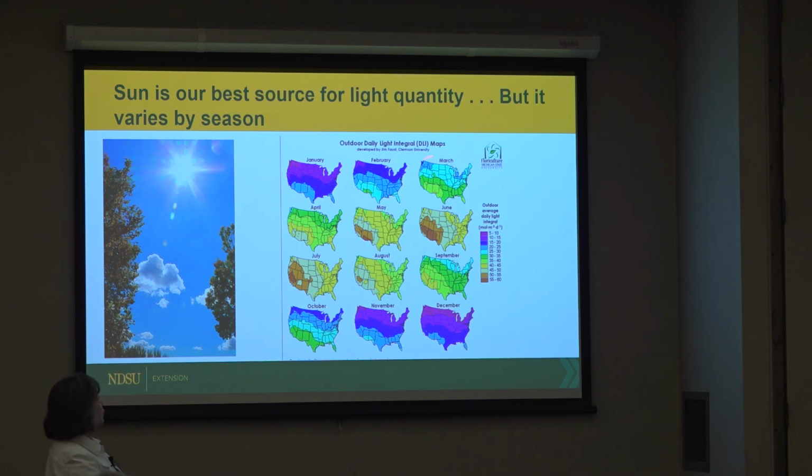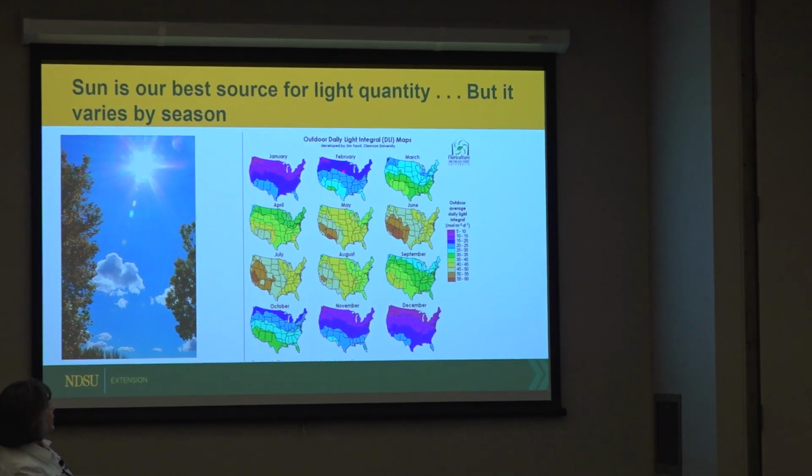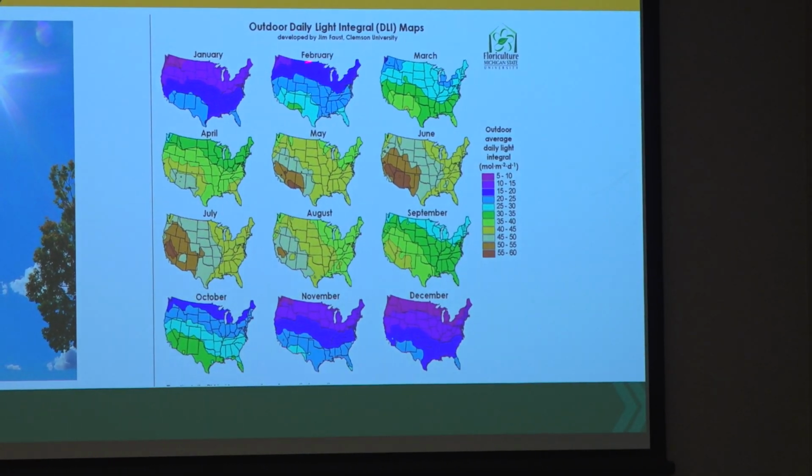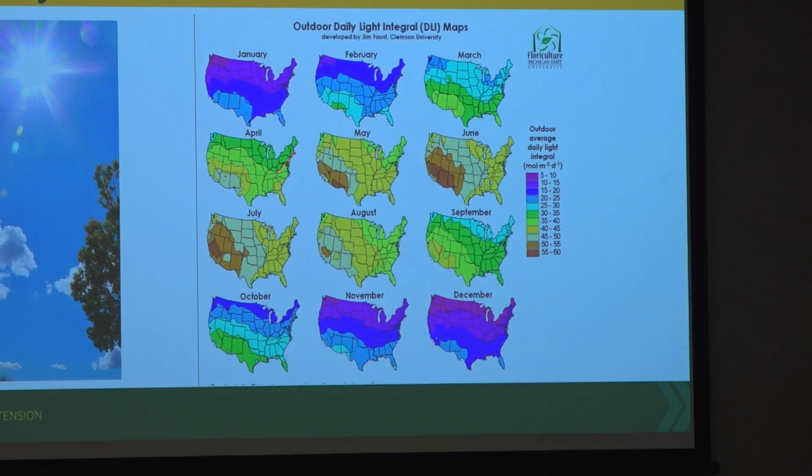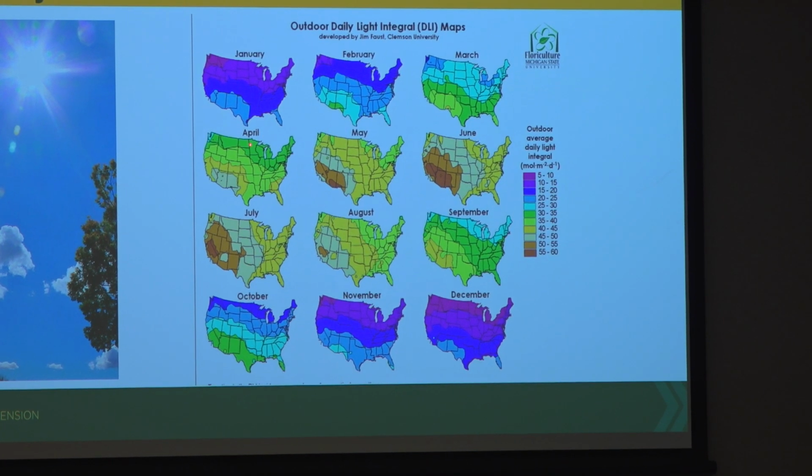But I want to show you this. Let's look at December first. In December in North Dakota, we're getting outdoors 5 to 10 moles of light. If we skip to February, the light is returning and we're getting 15 to 20. So there's more light and we've got more hours of the day. Let's skip to April.